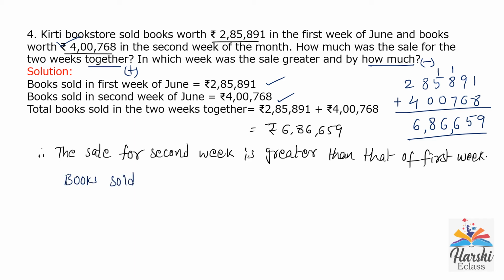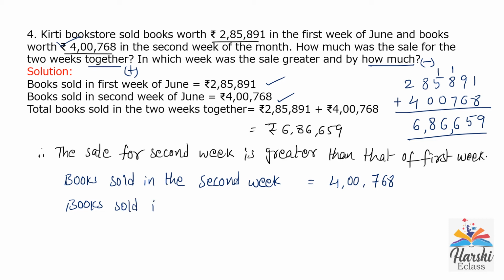Books sold in the second week was a worth of 4,768. Next statement, books sold in the first week.